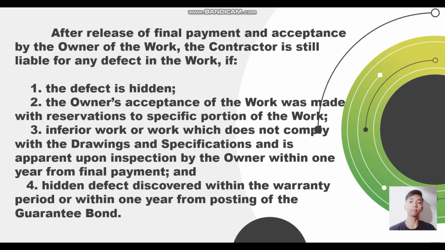After release of final payment and the acceptance by the owner of the work, the contractor is still liable for any defect in the work if the defect is hidden; the owner's acceptance of the work was made with reservation to a specific portion of the work; inferior work or work which does not comply with the drawing specification and is apparent upon the inspection by the owner within 1 year from final payment; and number 4, hidden defect discovered within the warranty period or within 1 year from posting of the guarantee bond.